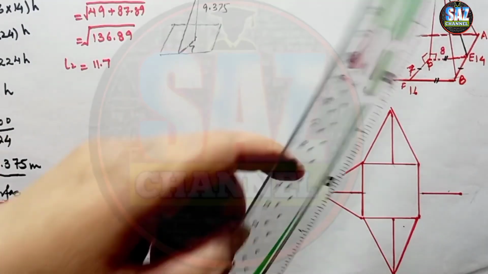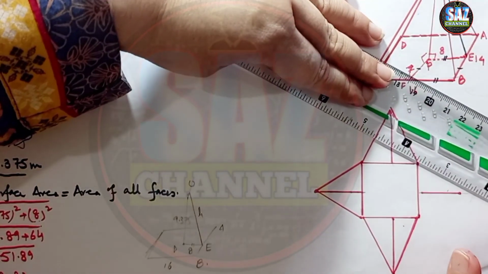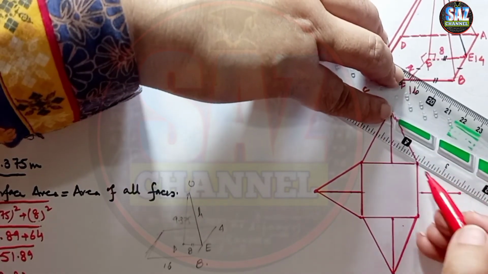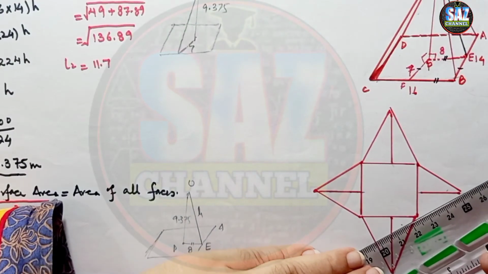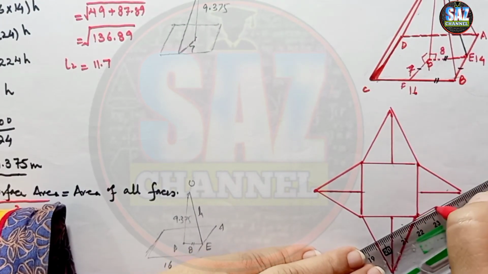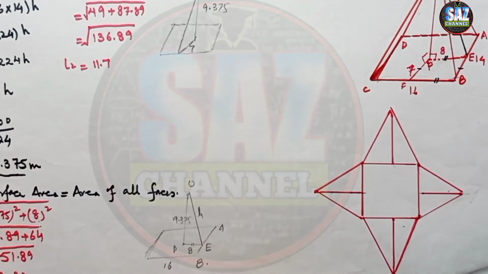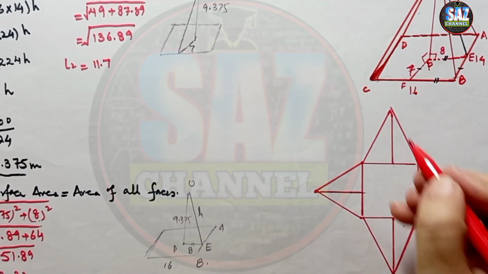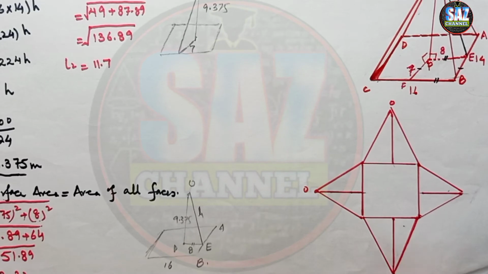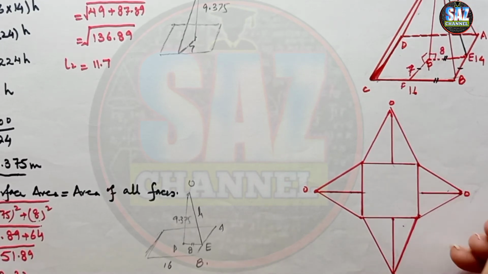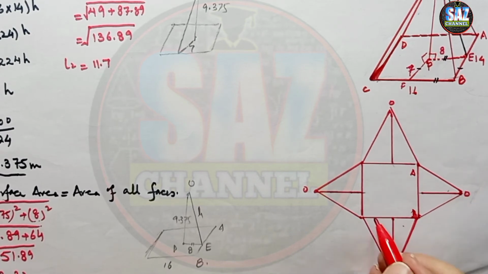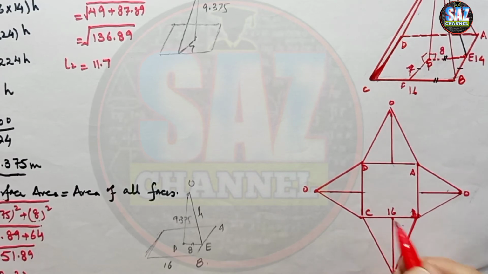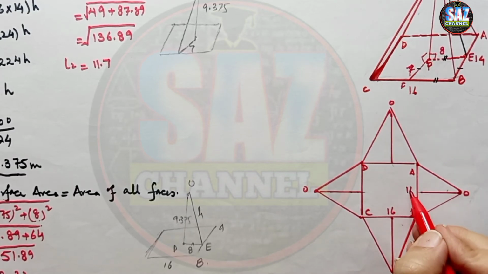Let me quickly complete this portion of the diagram as well, and then I have to label it. You have to set a suitable scale for the drawing because we cannot draw these big measurements. This is O, this is a vertex point, and then we have A, B, C, and D. Now this side, B to C, was 16 centimeters and this is 14 centimeters.